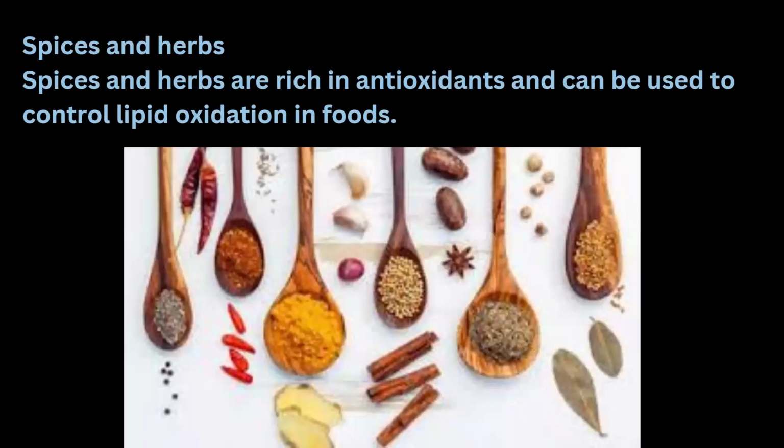Then spices and herbs. There are various spices and herbs which are rich in antioxidants and can protect our body from lipid damage or free radical damage. Various spices like turmeric, fennel, and cinnamon act as rich antioxidant sources.